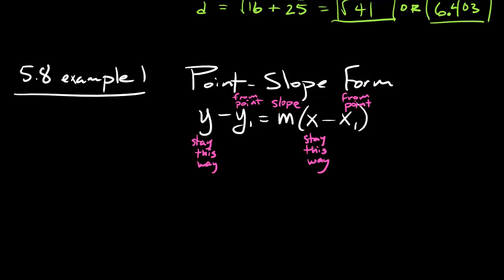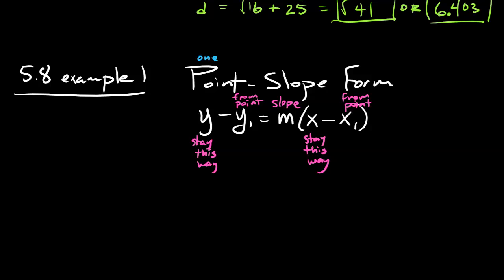They are not going to become numbers. You put a number in place of the y1 and the x1 and the m. The whole name of the form gives it away. You have 1 point and you have a slope. So those are the only numbers.